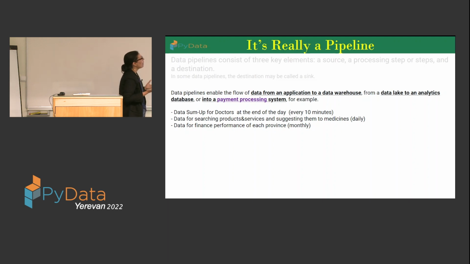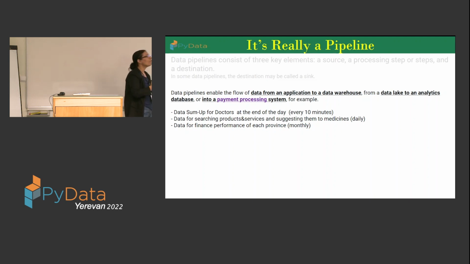Or maybe when a doctor wants to prescribe something, they search for a drug or a service or a brand of medicine. So it needs a recommender system. Also, data should be prepared for this recommender system, and it needs, for example, a pipeline. And the most important part of, I think, every business is finance.